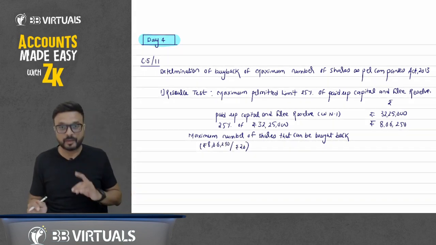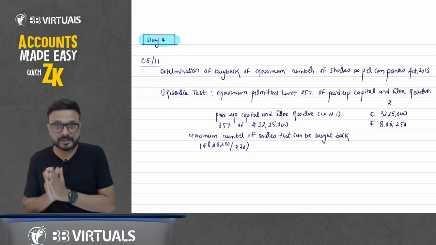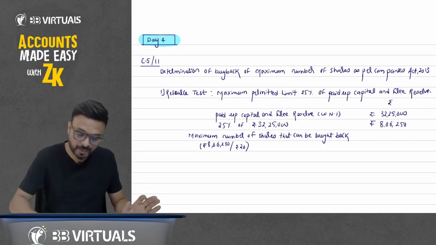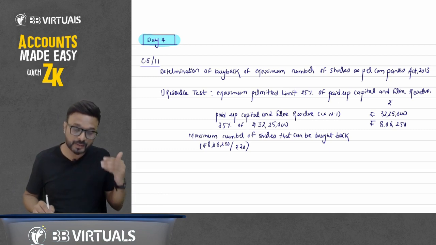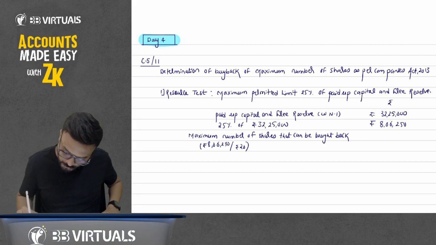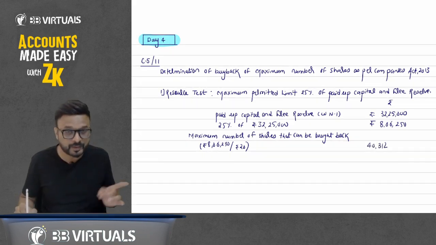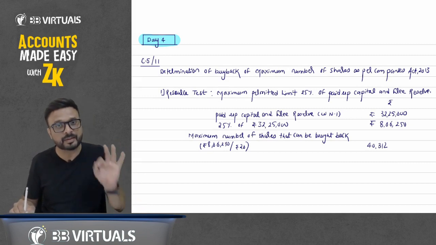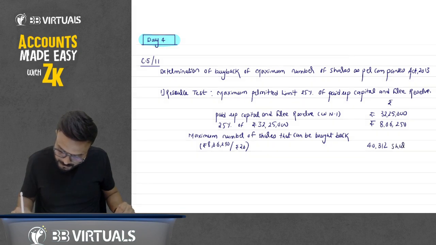So how much you are paying for one share? Rupees 20. If I have 8,06,250 and for one share I am paying rupees 20, so divided by 20. So how much is it? It is coming 40,312.5. So how much will we consider? 40,312, not 313. If it is 12.5, it will consider only 12. So 40,312 shares. We have discussed about it.